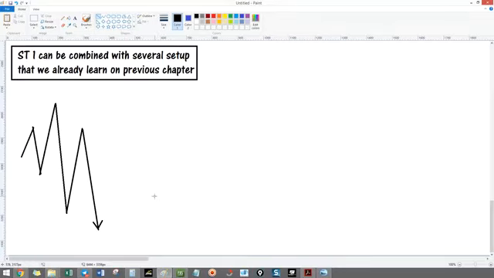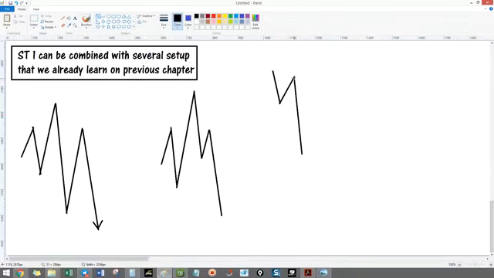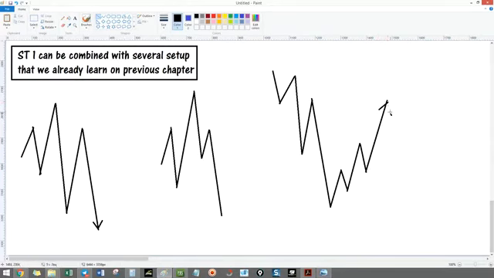You can use it on HNS. You can use it on SBR, RBS. You can use it on supply and demand zone.